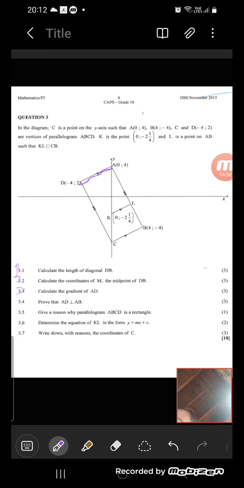So they're actually following our set of values, which is awesome. So the gradient is m of AD, which is equal to y1 minus y2, and again, do this yourself as well, over x1 minus x2. And the points are A and D. So 0, 4, that's x1 and y1.